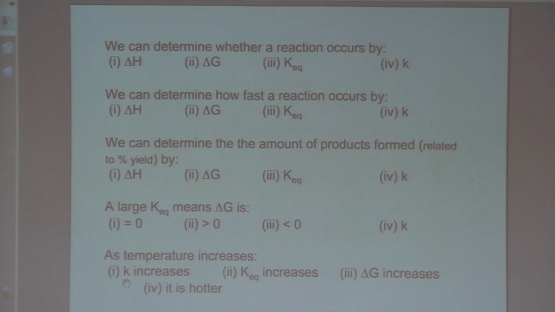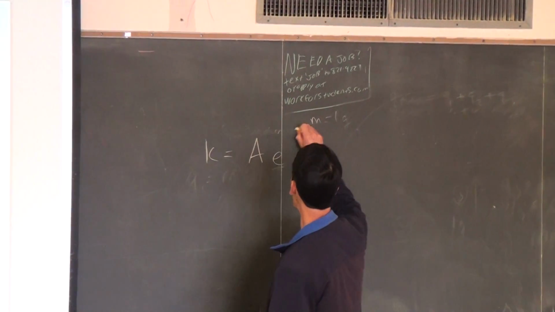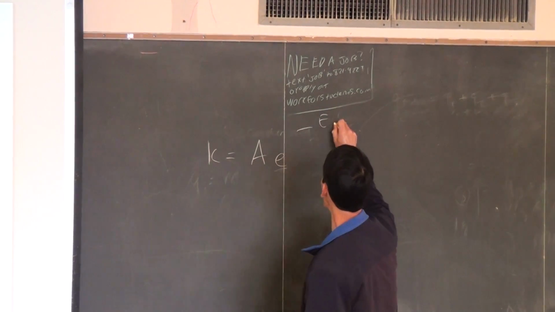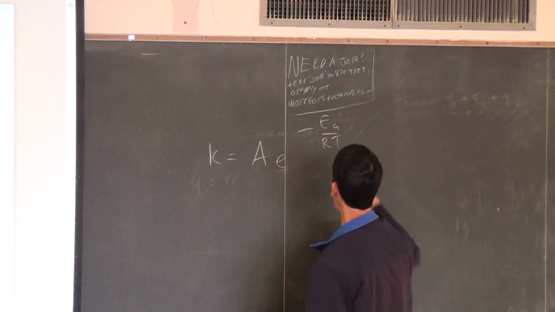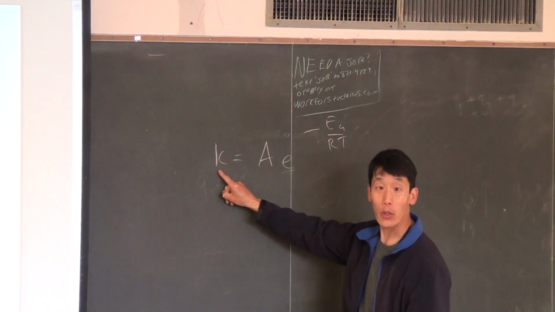That equation is the Arrhenius equation: k equals A times e to the minus Ea over RT. So as the temperature increases, the rate constant k increases.